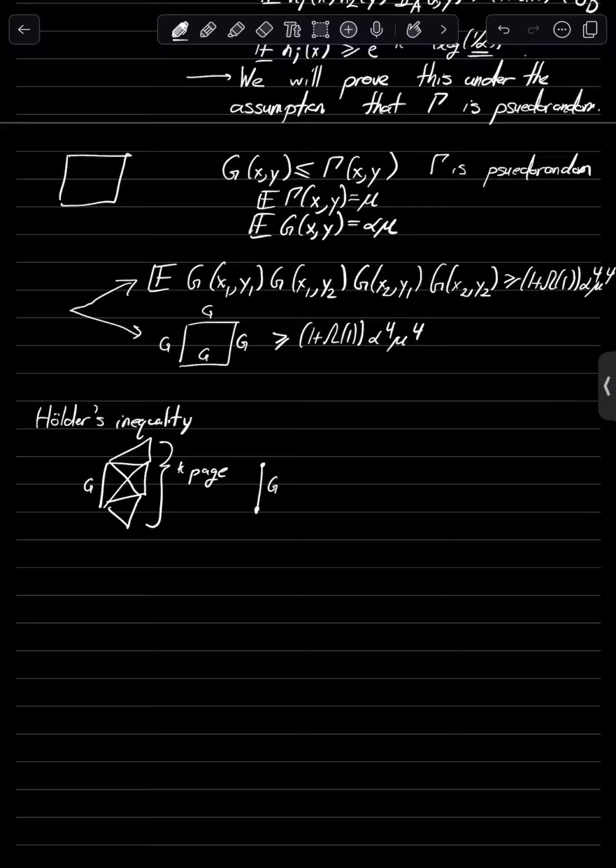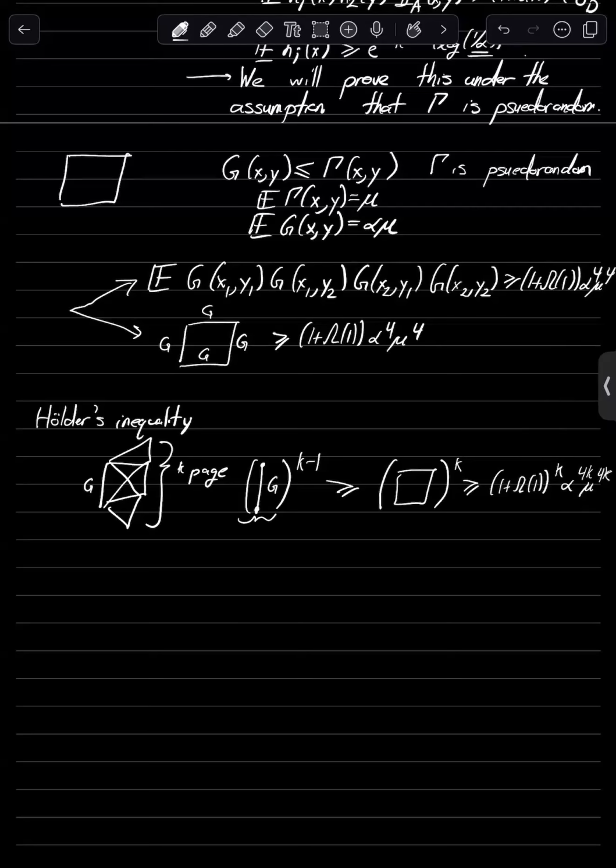And then you multiply it by G to the power K minus 1. So basically, if you write out Holder's correctly, this tells you this is bigger than this graph to the power K. And so this is bigger than 1 plus omega 1 to the K, alpha to the 4K, mu to the 4K. So this is just Holder's inequality.